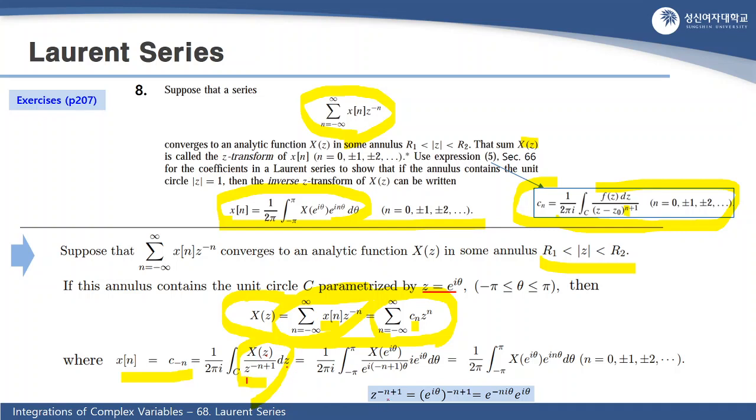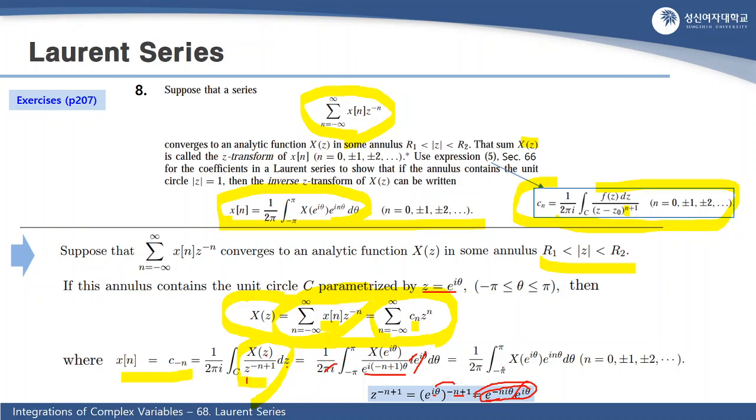g to the negative n plus 1 is equal to e to the i zeta to the negative n plus 1. Then we arrange this part, and we get e to the negative n i theta times e to the i theta. This part is the same here. Then we cancel e to the i theta, and it is also cancelled by the denominator.